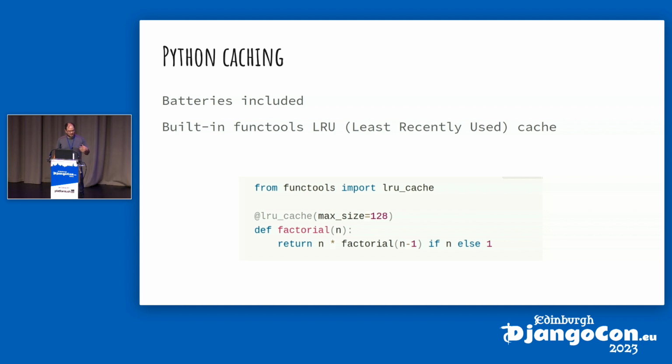It has a least recently used cache, so you can just add a decorator to a function, and it will start to cache that, and the next time you call the function with the same arguments, the same parameters, Python will just use the result it already processed.